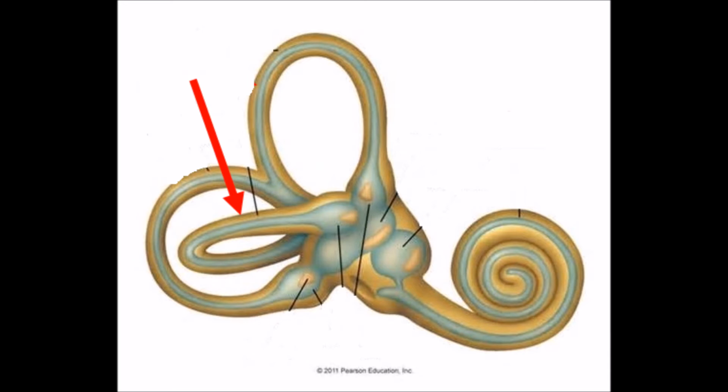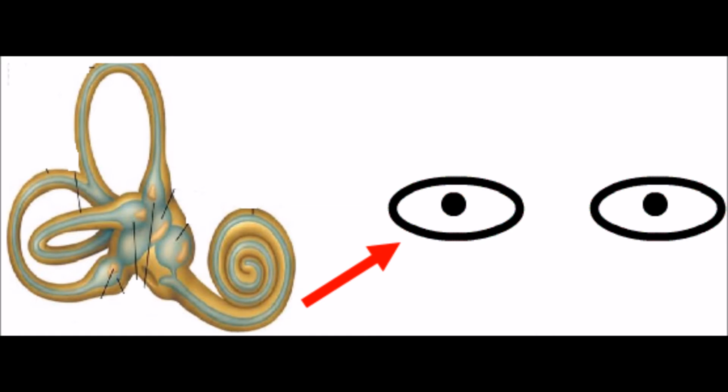Now, we can't physically see what's happening inside the vestibular system, but we can assess its function by looking at your eyes. You may be thinking, wait, how are my ears controlling my eyes? Well, they actually do this through a reflex called the vestibular ocular reflex, VOR for short. When our head moves in a direction suddenly, our vestibular system tells our eyes to move in the opposite direction of where our head is turning.